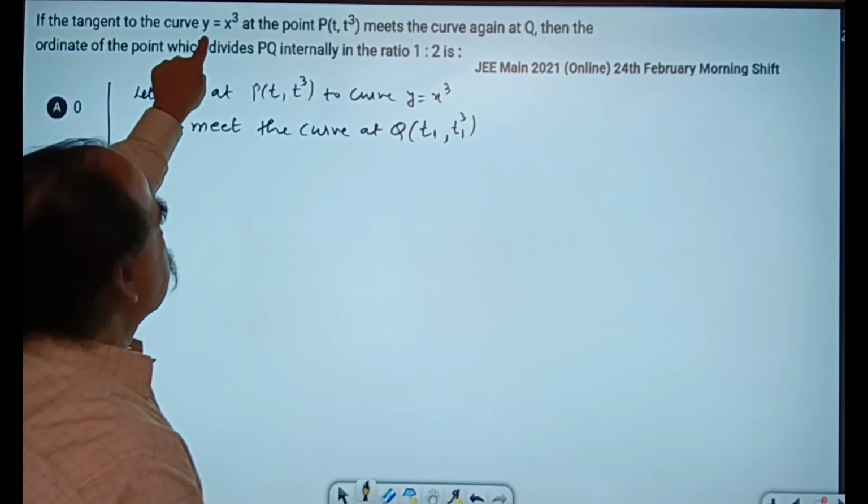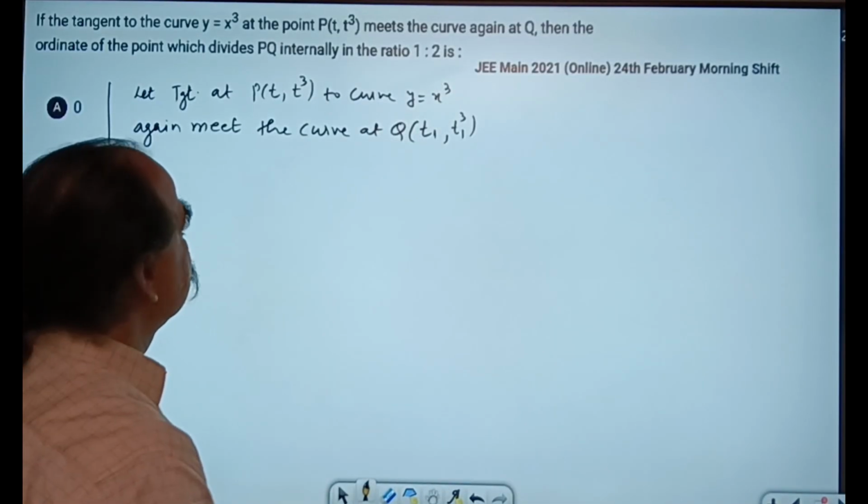Parametric coordinates of this curve will be (t, t cube). So all the points will be like this.